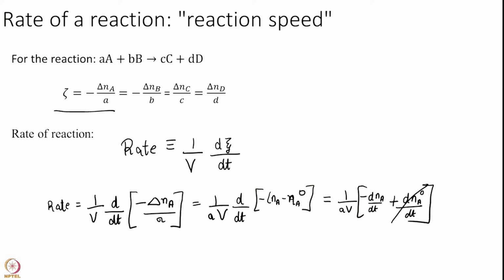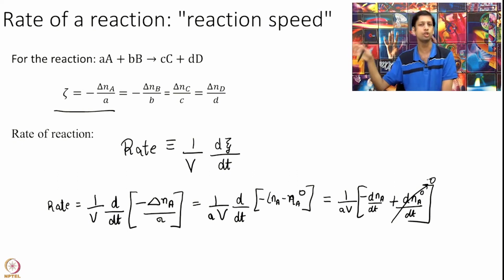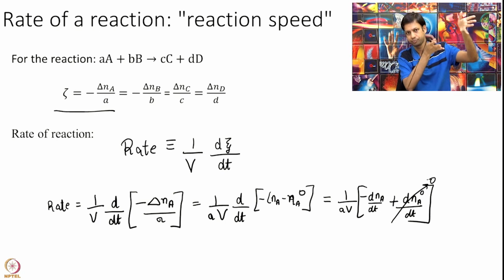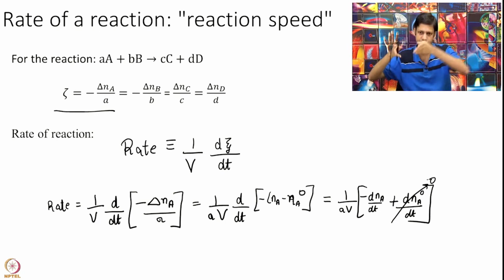What you notice is that this is 0 because Na naught is not a function of time, it is simply the number of moles at initial time. That was just a number, the actual change is Na.